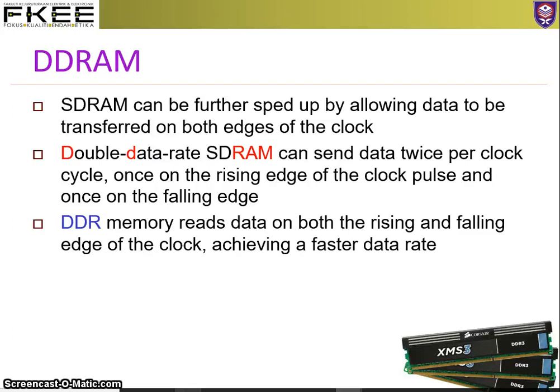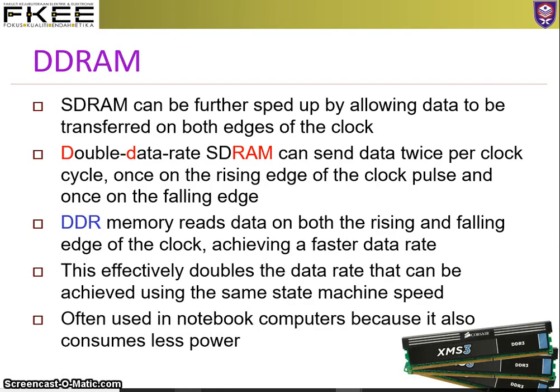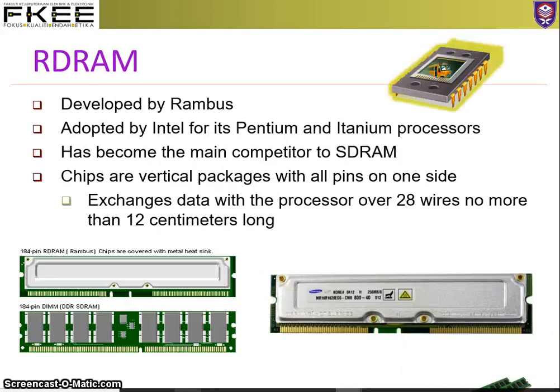DDR reads data on both, so the data rate is much faster compared to single data rate, and it is usually used in notebooks because it consumes less power. Another is Rambus, adopted by Intel for its Pentium and Itanium processors, and it is the main competitor to SDRAM, single data rate, just now.